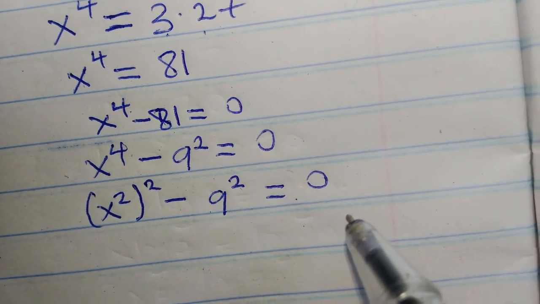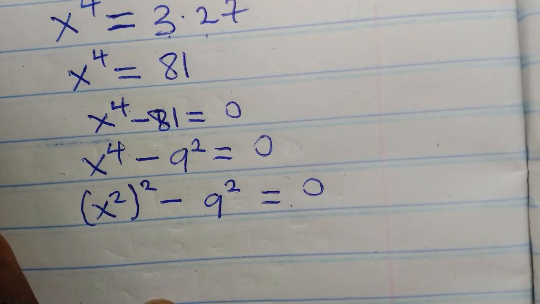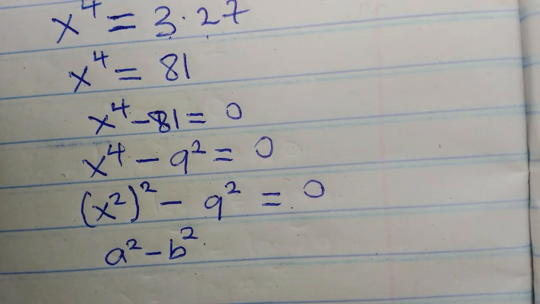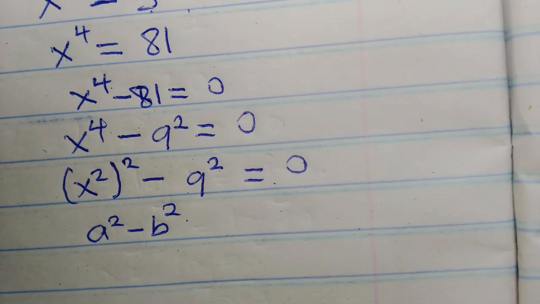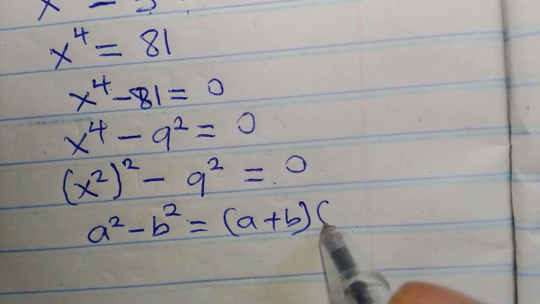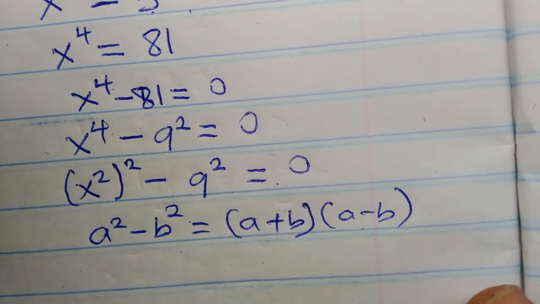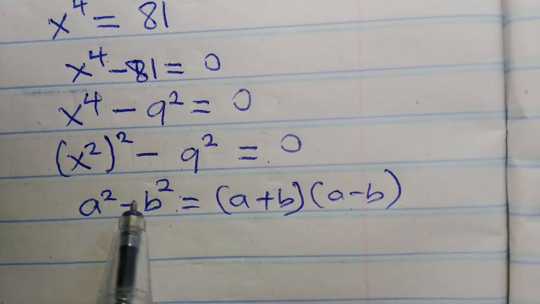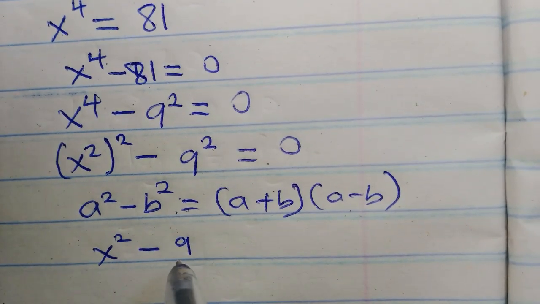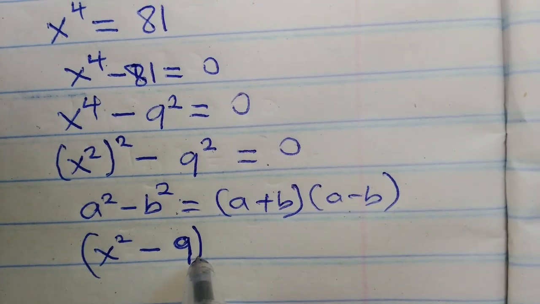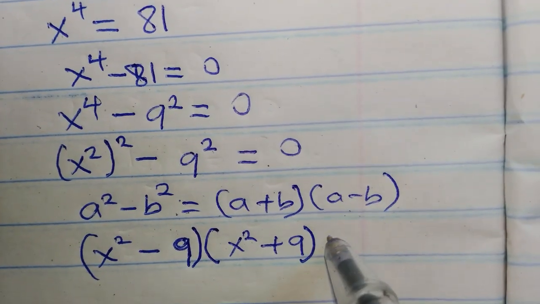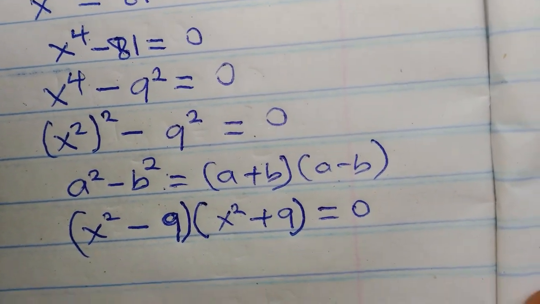Now we can see that this is in the form of a to the power of 2 minus b to the power of 2. If we want to write this as a difference of two squares, it equals a plus b times a minus b. So if we put this through here, we have x square minus 9 times x square plus 9 equals 0.